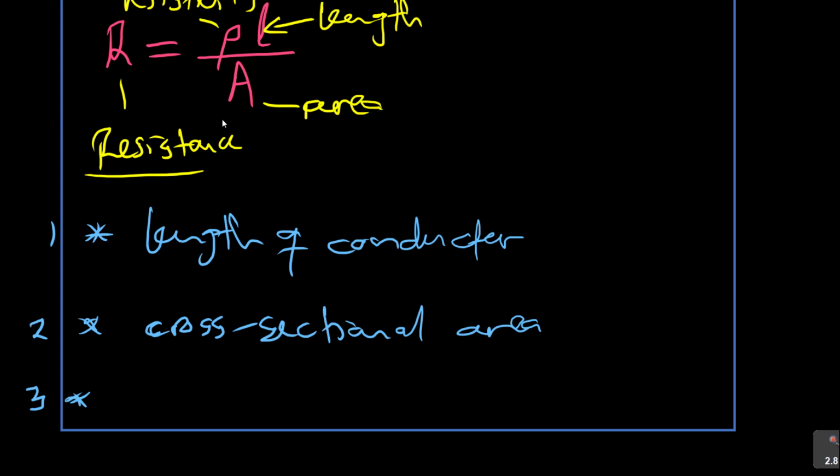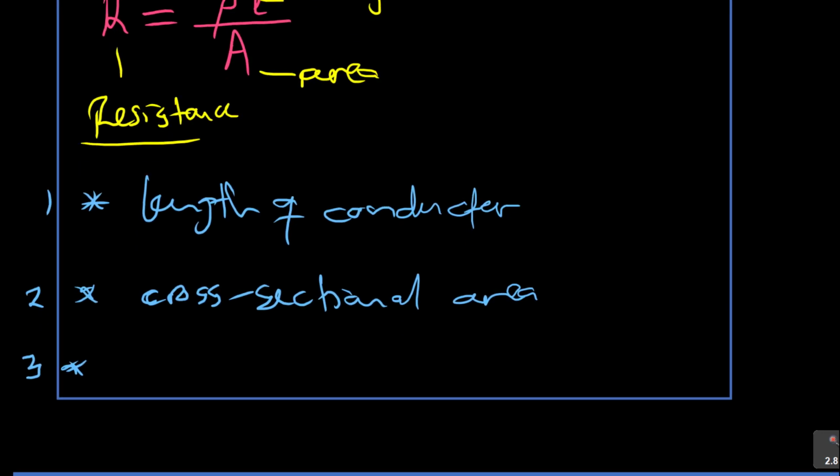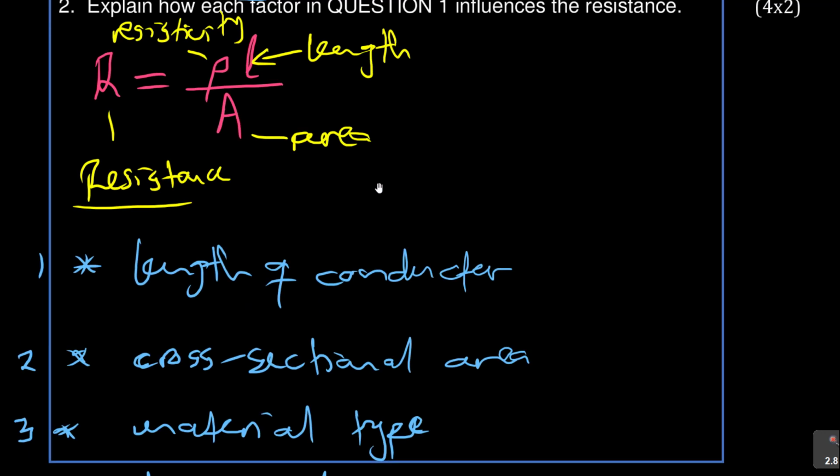I say the resistivity, which means the material type. So resistivity is about the type of the material. And number 4, which is not there, the last one is temperature. Alright, always remember these factors. They are very important and they always ask them.